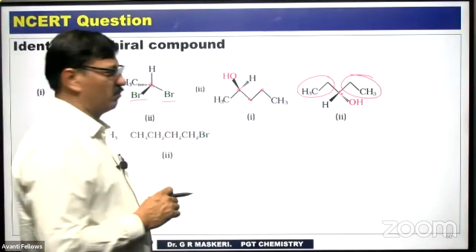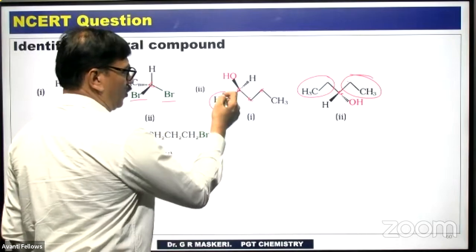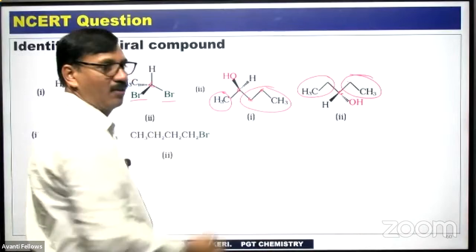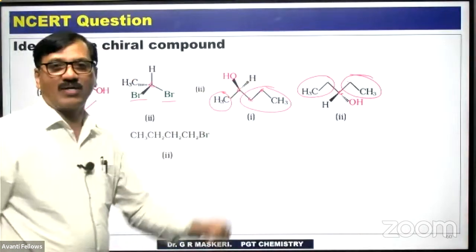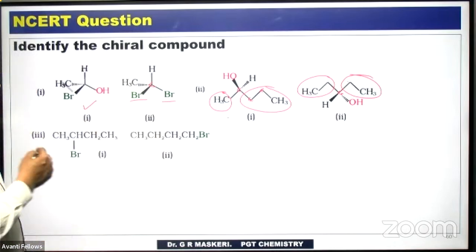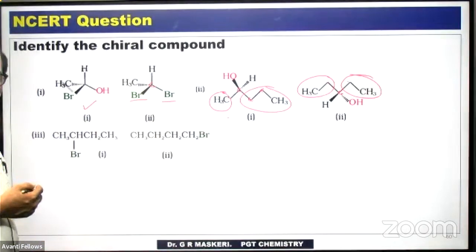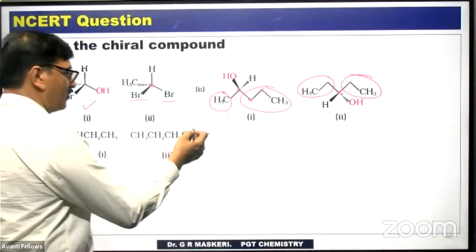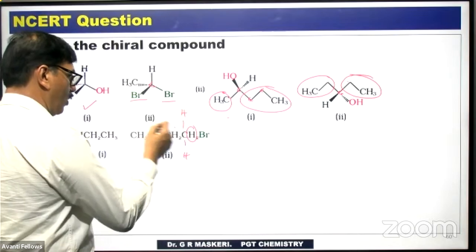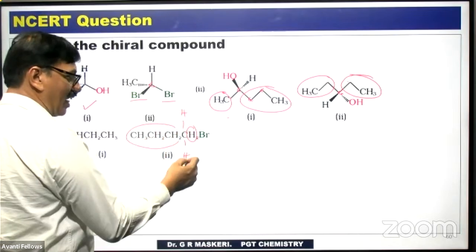This is chiral. This is because it has a methyl group, a propyl group with 3 carbon atoms, one hydroxy group and one H. Therefore, this is an optically active compound. Now coming to this, you can easily identify CH2 is there here. One is a propyl group and two H are the same.